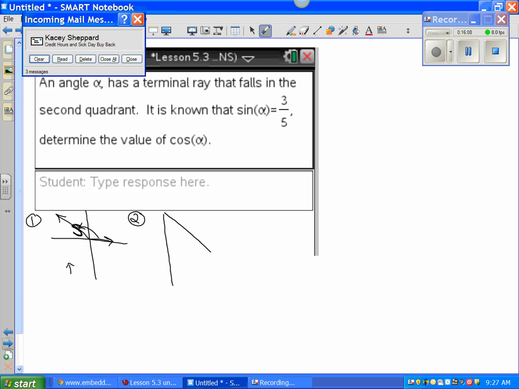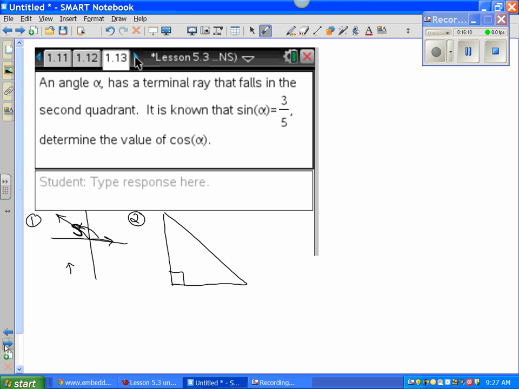So you draw any right triangle. You take any angle in it other than the 90-degree angle, and you label it, in our case, alpha. And we draw in our ratio. Okay? We know sine of alpha is 3/5. Sine is what ratio?